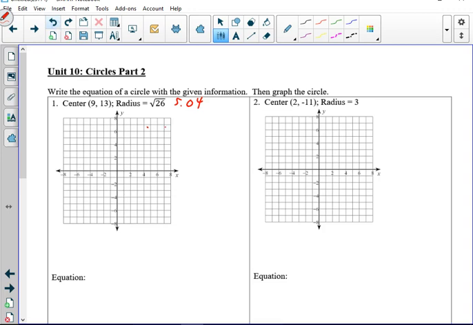So there's 5: 1, 2, 3, 4, 5. Yeah, I guess that was right, right about there. And then I'm going to go down 1, 2, 3, 4, 5, a little bit past there. And my circle is going to be somewhere around up there.